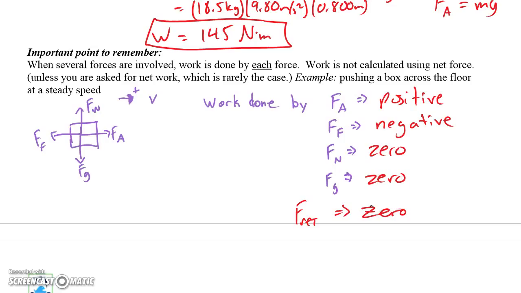And we can think about it as adding up the work done by the applied force and the work done by friction. If the two forces are the same, but just opposite directions, and the distance is the same, then those two are going to cancel out, so we end up with zero. So that's a little bit about work, and as always, physics is awesome.